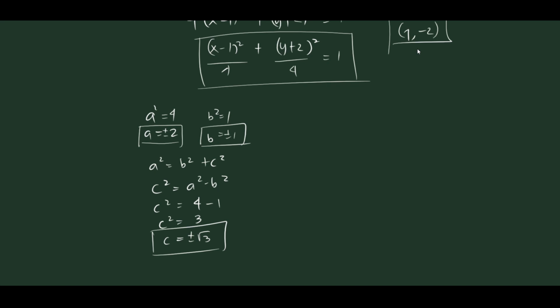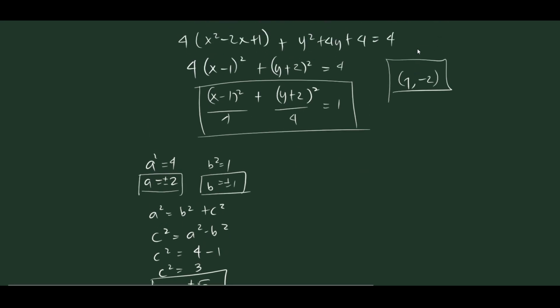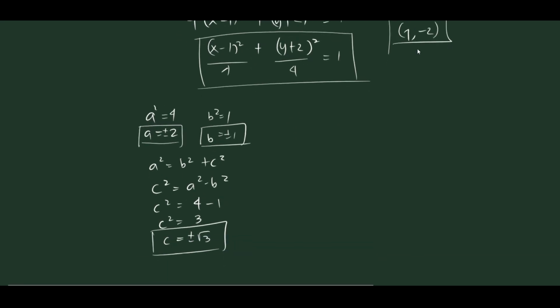Now, in order to find the location of the foci and the vertices, we need to take into account our center, because our center is not at the origin. Our center is at 1, negative 2, based on x minus 1 squared and y plus 2 squared. This means that from the origin, the center has been shifted 1 unit to the right and 2 units downward.